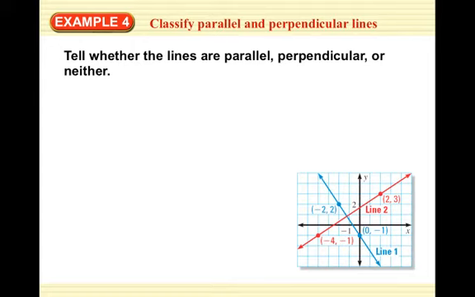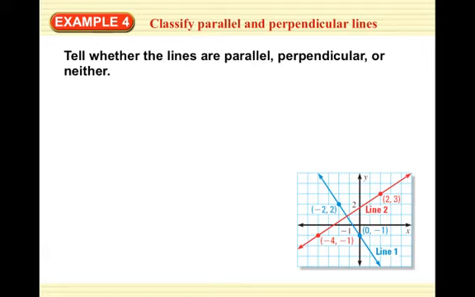So we're going to consider two different non-vertical lines, line 1 and line 2, L1 and L2, with slopes M1 and M2. Okay, so L1 has slope M1, L2 has slope M2. The lines are parallel if and only if they have the same slope. So M1 equals M2. Parallel lines have equal slopes.